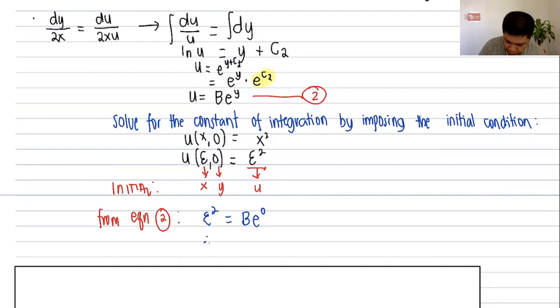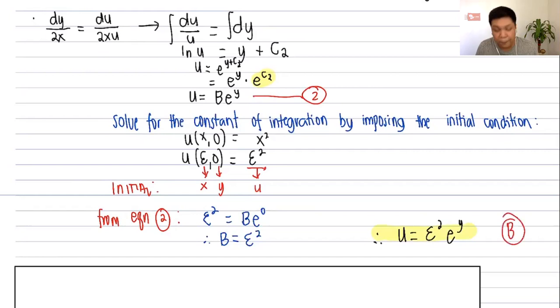Therefore, b is just equal to epsilon squared. Therefore, I can rewrite equation 2 as u is equal to b, which I already know is epsilon squared, e raised to y. This is now my equation B.